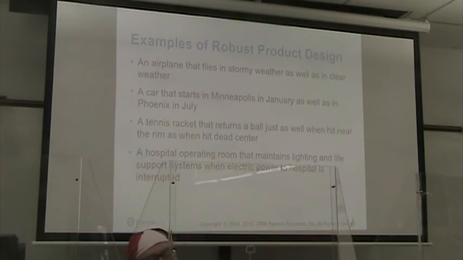All right, so some examples of robust product design. The first is an airplane that flies in stormy weather as well as in clear weather. A car that starts in Minneapolis in January as well as in Phoenix in July.